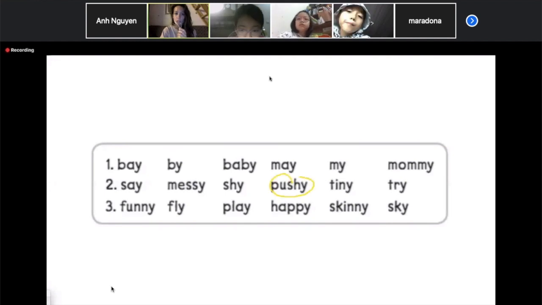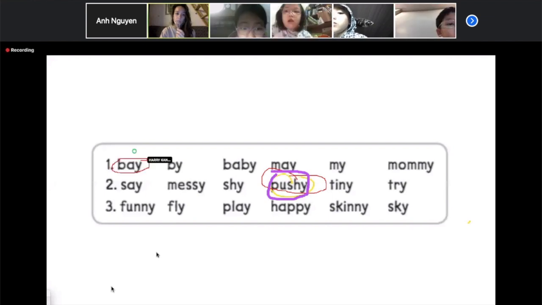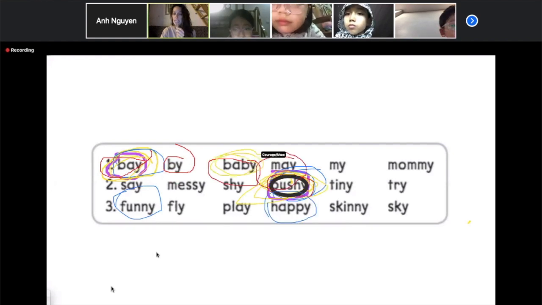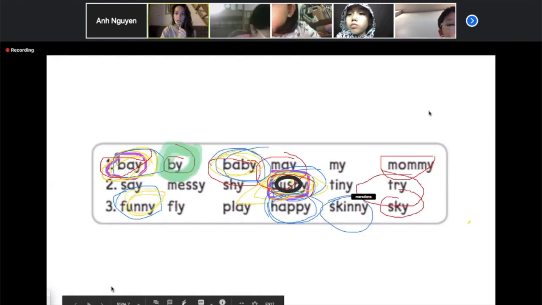Everyone should be circling words on the screen where we hear the long E sound made using the letter Y. So I only want words where Y makes the E sound.